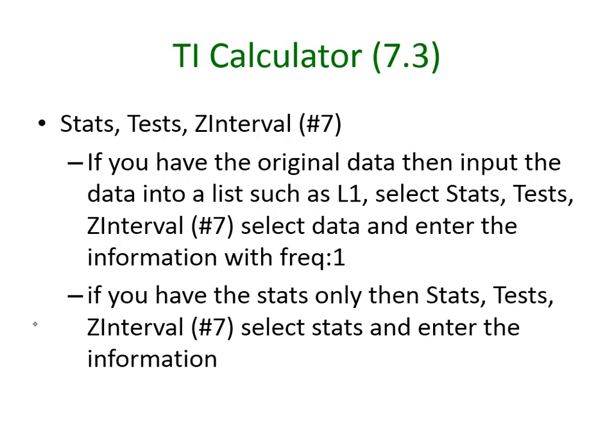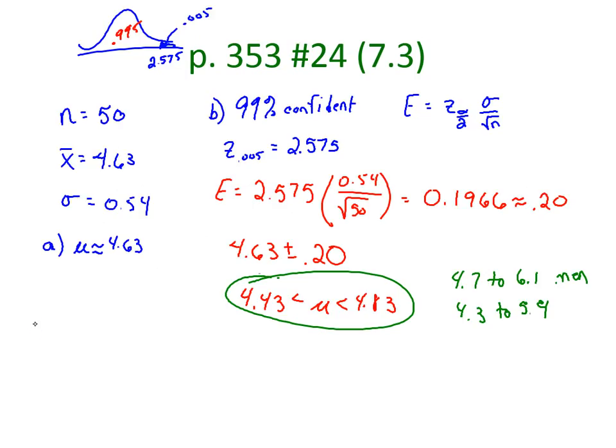But on the other hand here, we were given the sample statistics. So you're going to go over your stats. Again, the next question is, what was the population standard deviation, which was, in this last problem, 0.54. What is my sample mean? What was the number in my sample, which was 50 this time. How confident do you want to be? We want to be 99% confident.